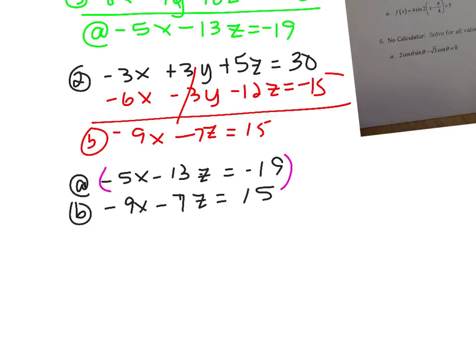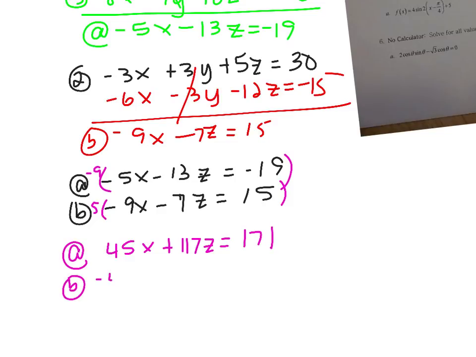So I'm going to multiply the top one by negative 9, and the bottom one by positive 5. This way it'll be negative 45 and positive 45. So A becomes 45x plus 117z equals 171, since negative 9 times negative 13 is positive 117 and negative 9 times negative 19 is 171. B multiplied by 5 is negative 45x minus 35z equals 75.